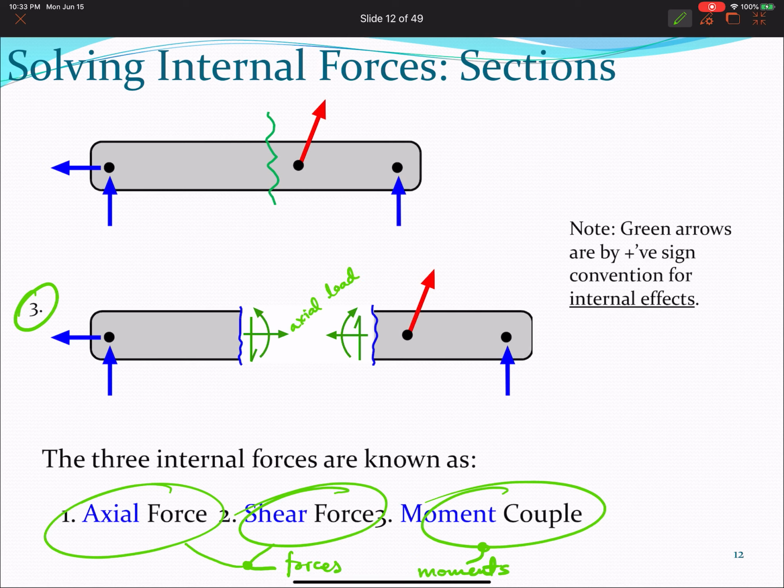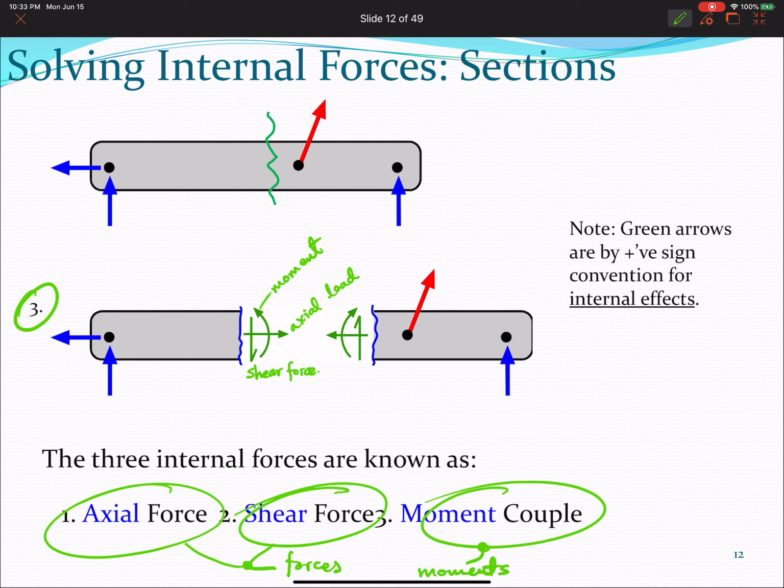This kind of rotational force here, that's the moment, of course. And this force here that is perpendicular to the axis of the body is the shear force. We'll define them in a minute, right? But these are the 3 types of forces you uncover once you slice a rigid body.